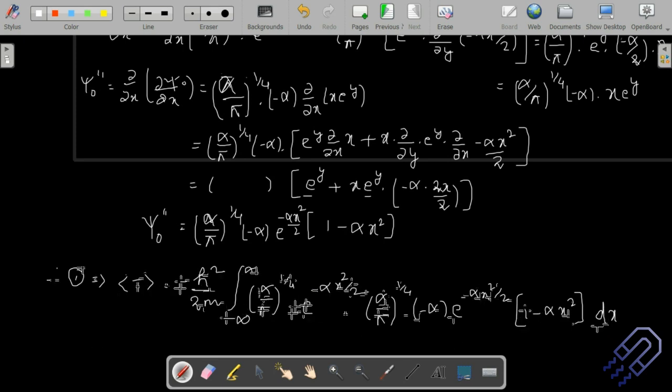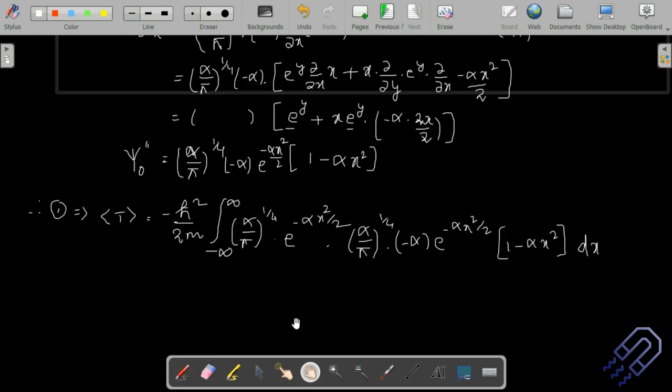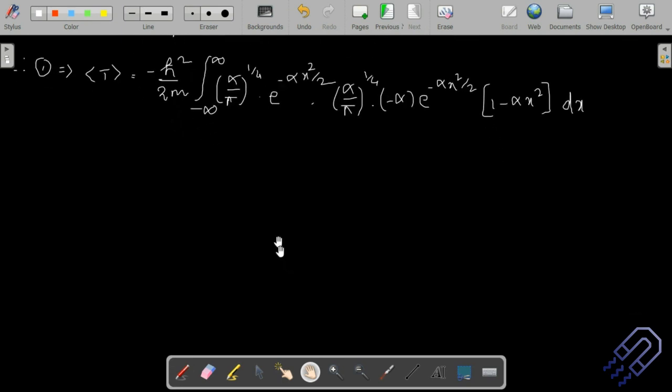So this is my entire form of integration, and if you do it, we concentrate on this. So let's just take this part now. So it will be minus h cross square by 2m, and then I've got this to the power 1 by 4 and to the power 1 by 4, square it, so definitely you can take it outside the bracket. This would be alpha divided by pi into, this is minus alpha, let's take this out as well, minus alpha.